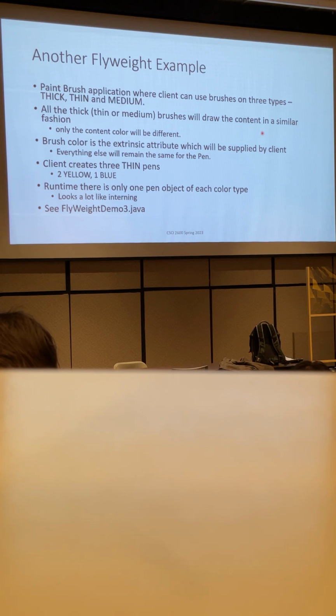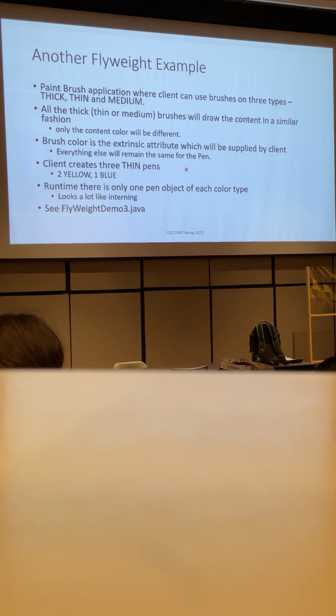here's another idea for the flyweight example. So imagine we have a brush with 3 types of thickness, thick, thin, and medium, and we have brushes of different colors. In this example, we want the type of the brush to be the intrinsic state and the color to be the extrinsic state that is set by the client.